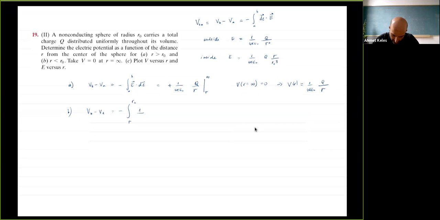And the electric field is 1 over 4 pi epsilon naught q over r0 cube times r dr, and this is equal to minus 1 over 4 pi epsilon naught q over r0 cube times 1 over 2 r squared from r to r0, and this will be equal to minus 1 over 4 pi epsilon naught q over r0 cube 1 over 2 (r0 squared minus r squared).